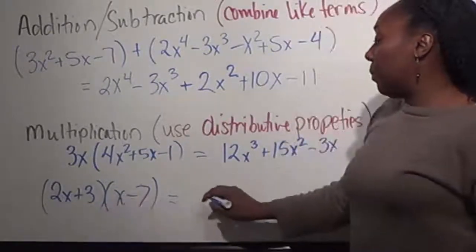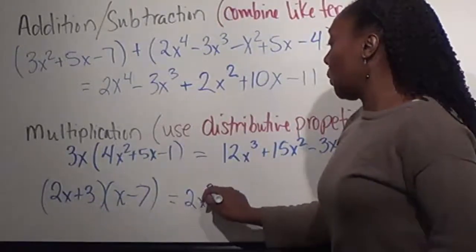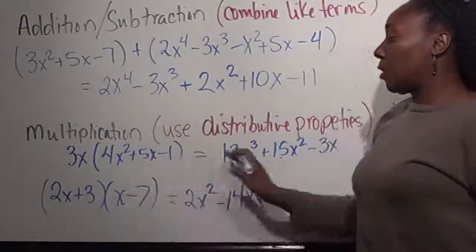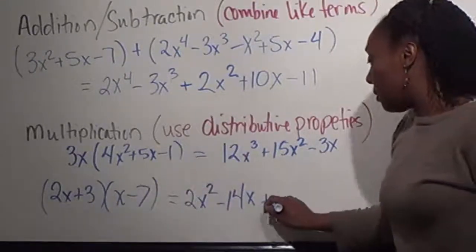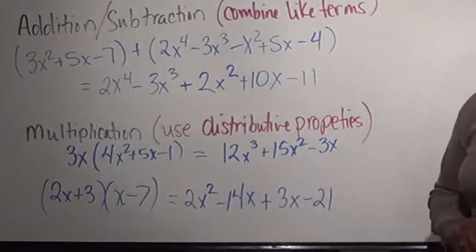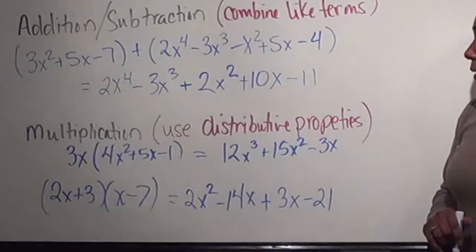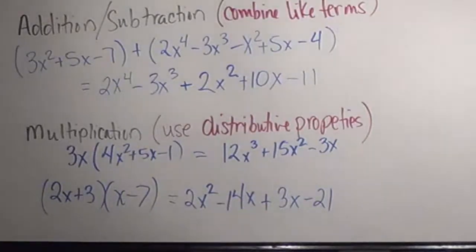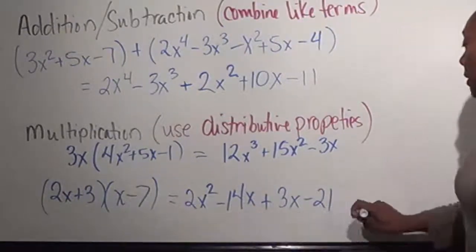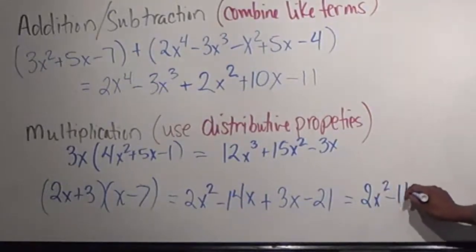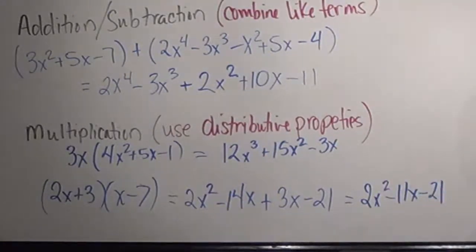So here I would get a 2x squared minus a 14x. So that's taking my 2x through, plus my 3x minus 21. Okay, so there's taking my 3 all the way through. And then I'm back to addition of polynomials, so I'm going to combine like terms. So in here I can see this is going to simplify to 2x squared minus 11x minus 21.